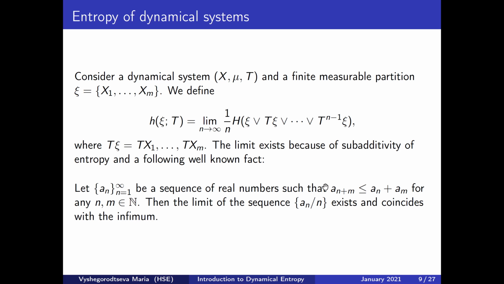I don't know if you see my mouse, my computer mouse, I mean. I'm showing that the n plus m element is always less or equal than the sum of the n element and the m element. So the first part looks exactly like this, and then we take h of the union from t to the power of n to t to the power of n plus m minus 1.